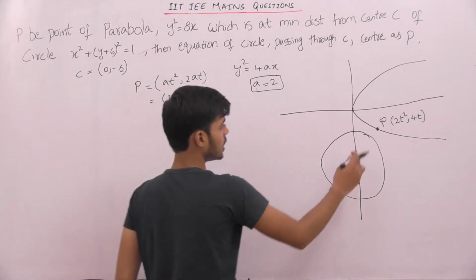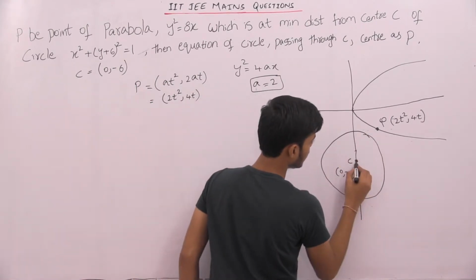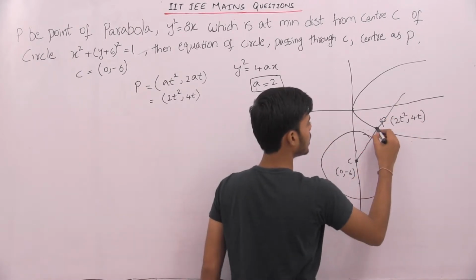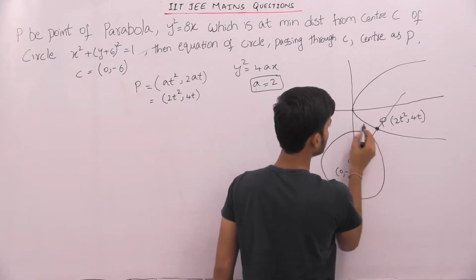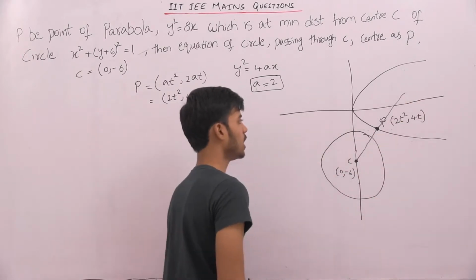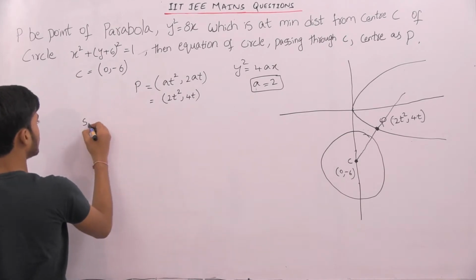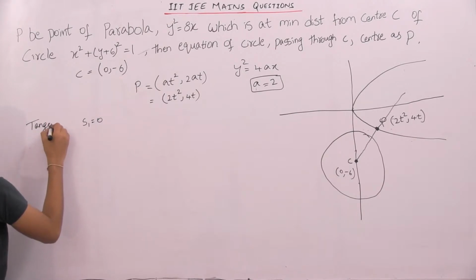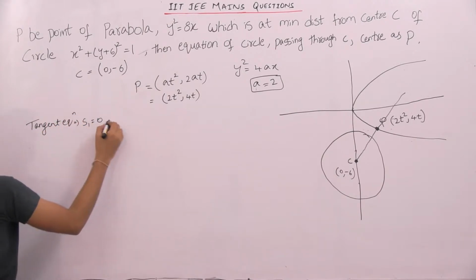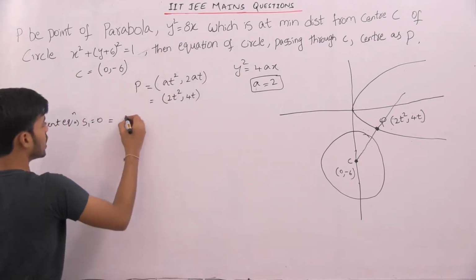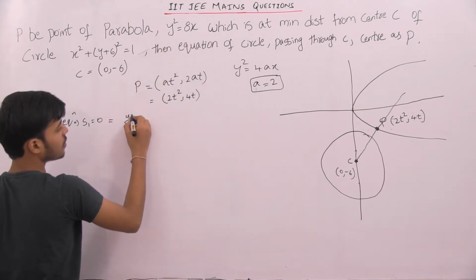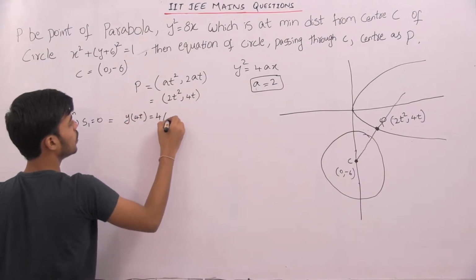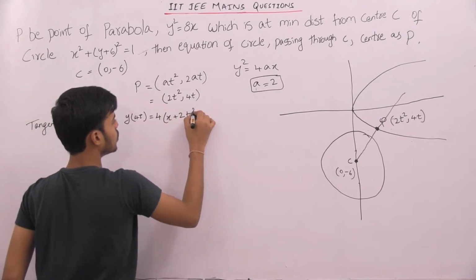Now if this is the nearest point, then it has to be on the normal. Okay, agreed? So now let's write the equation of this normal. We know S1 equal to 0 is the equation of the tangent. The tangent equation S1 equal to 0 for this parabola gives us y into y1, which is 4t, equal to 4 into (x plus x1), where x1 is 2t square.